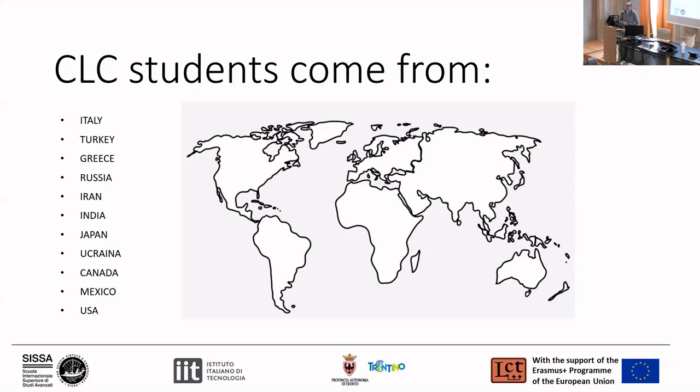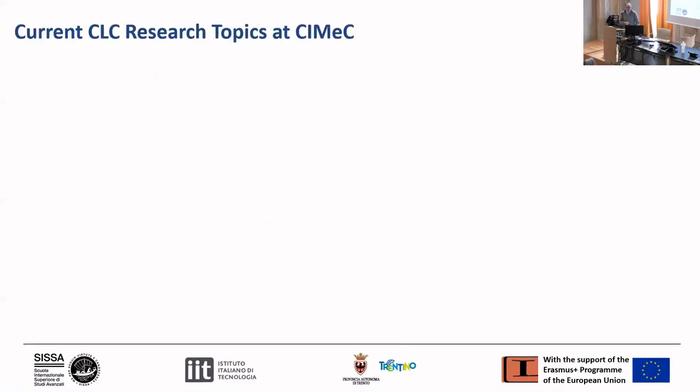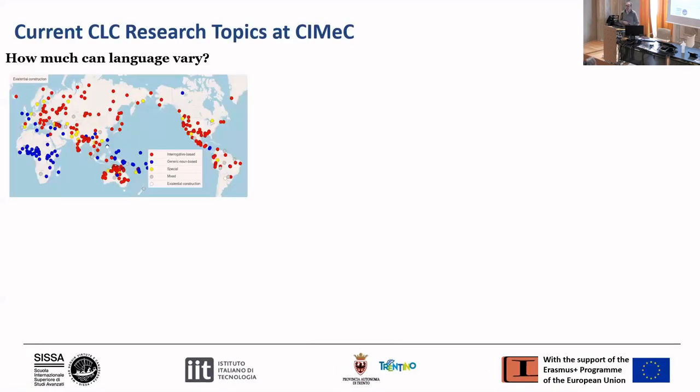So it's a very diverse and, in my opinion, interesting group of people. And as Stefania mentioned, there are also contacts with the students in the other master program and in the PhD. As you heard, CIMeC is very focused on research, and a lot of the people who take this master continue to do a PhD in various research areas.